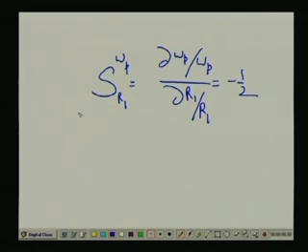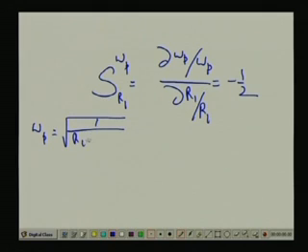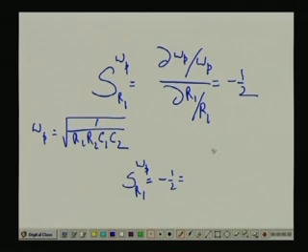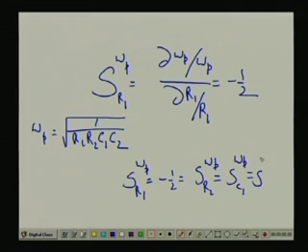Interestingly, since omega p is equal to root over 1 upon R1 R2 C1 C2, the sensitivity of omega p with respect to R1 is minus half, and similarly with R2, C1, C2.